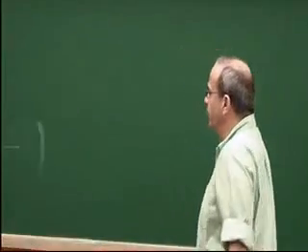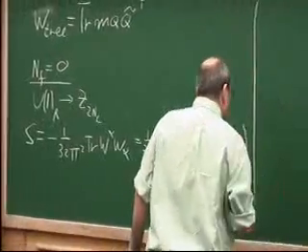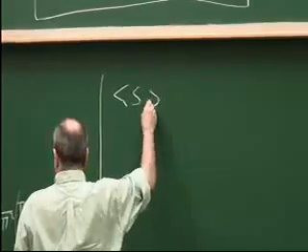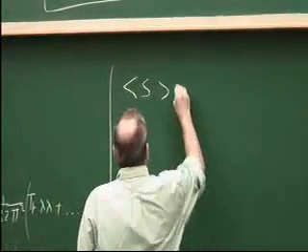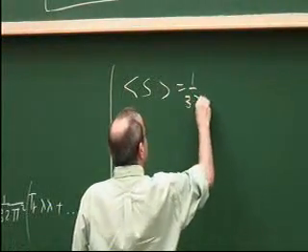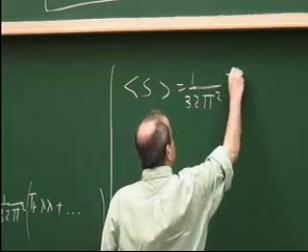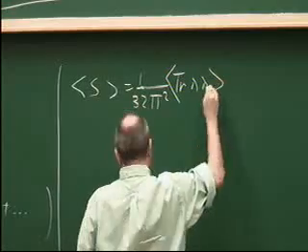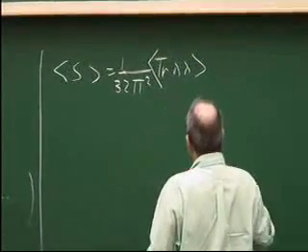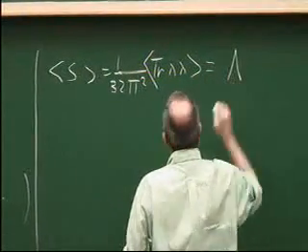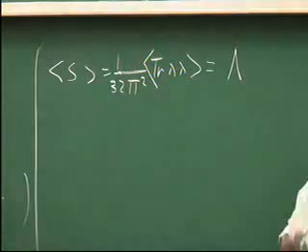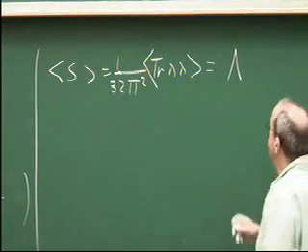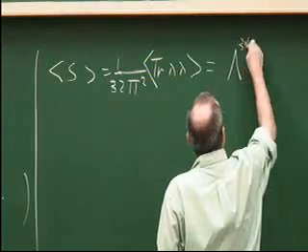Now in the quantum theory, now comes the assumption I'm going to make. This S gets an expectation value. So this is 1 over 32 pi squared trace lambda lambda. And it must be proportional to the dynamically generated scale of the theory, big Lambda, raised, and I'm going to write it in a funny way.